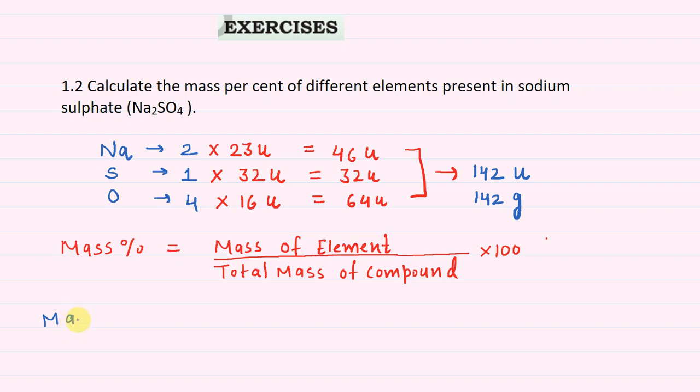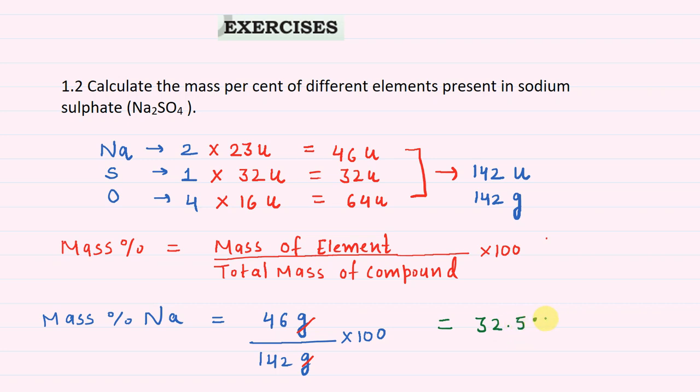First of all, the mass percent of sodium will be equal to 46 grams or 46 U divided by 142 grams into 100. From here, we can eliminate this gram unit, and on solving this, we get the mass percent of sodium equals 32.5%.